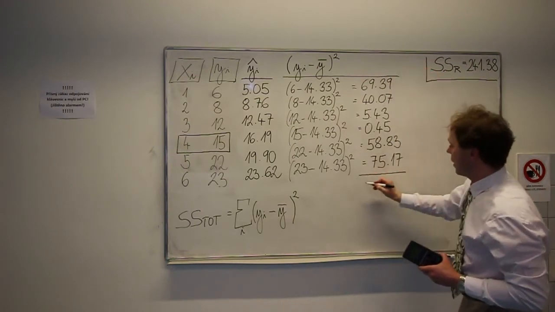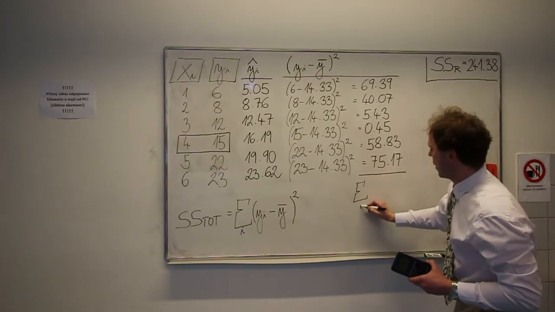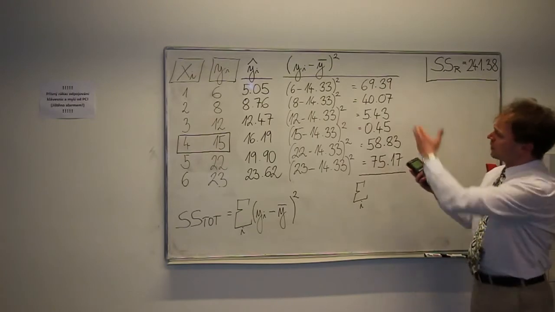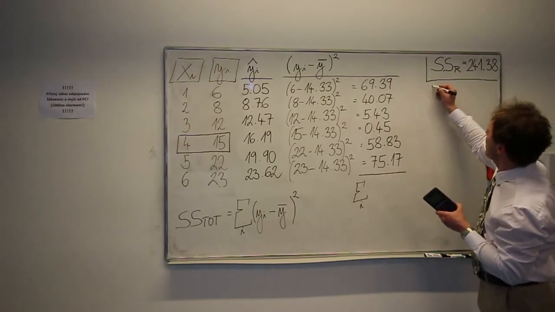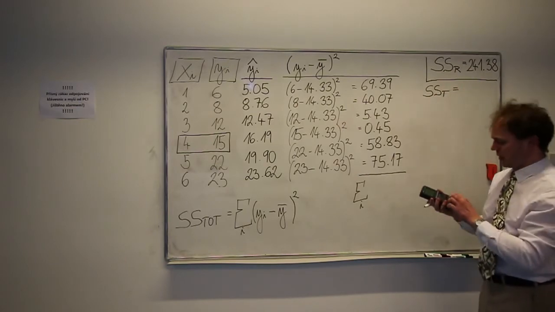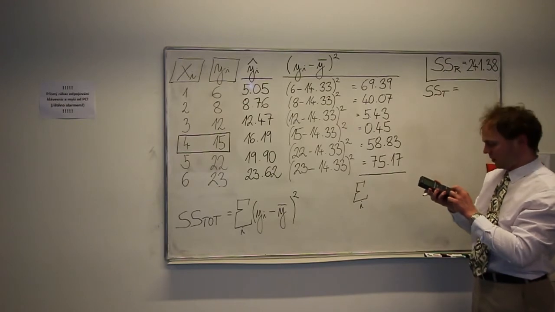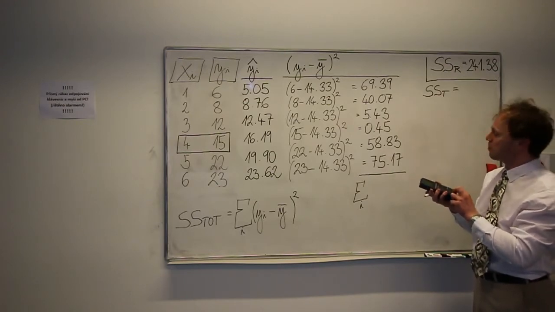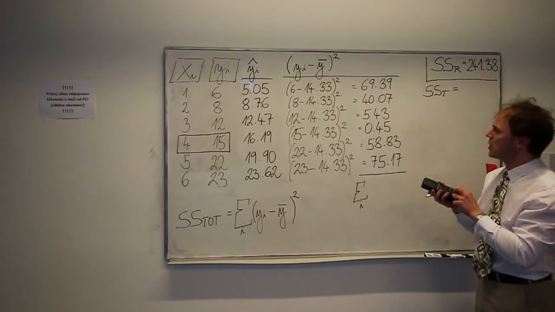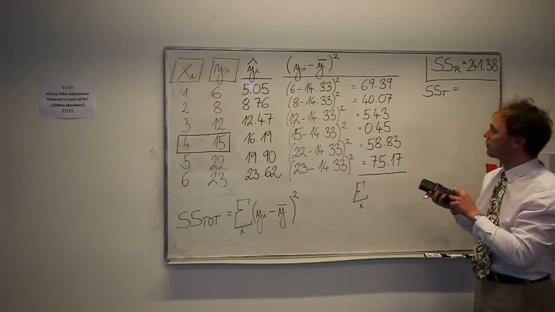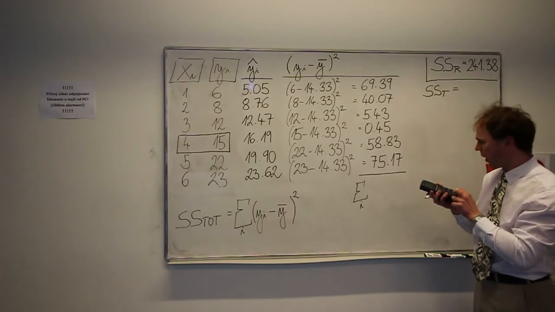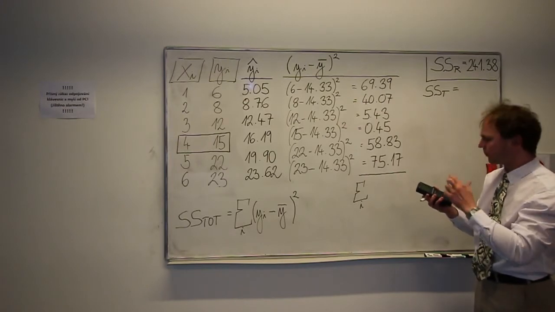When we calculate the summation through all E of these values, we will receive the total sum of squares. So 69.39 plus 40.07 plus 5.43 plus 0.45 plus 58.83 plus 75.17.